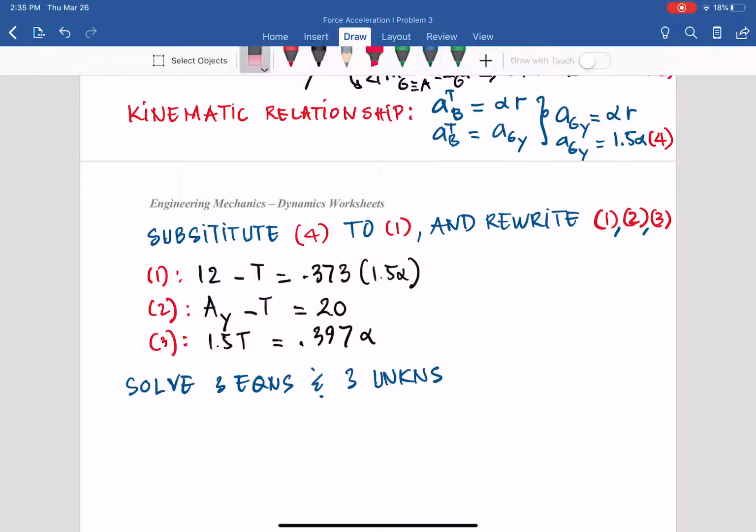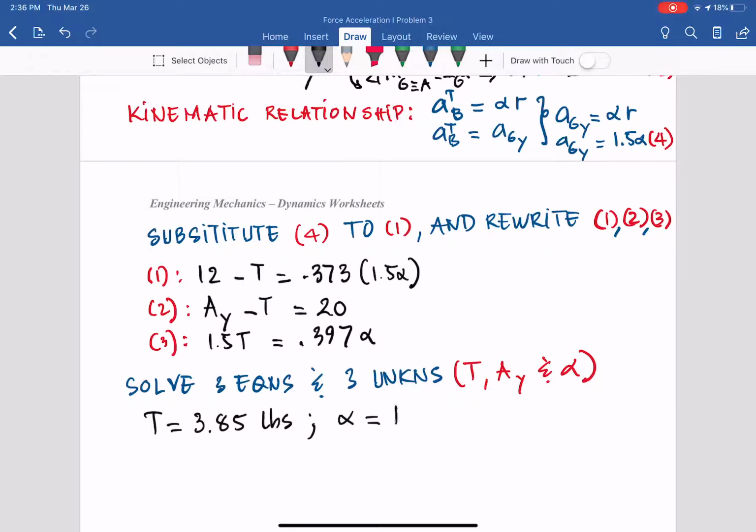We can now have T equal to 3.85 pounds, and alpha equal to 14.55 radians per second squared, positive, so it will be clockwise.